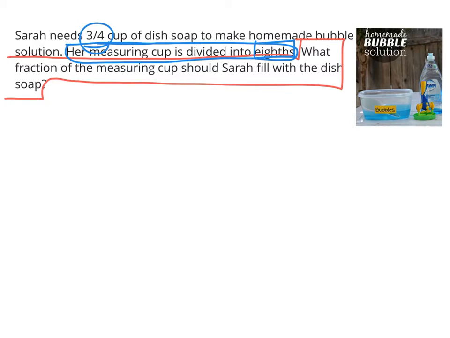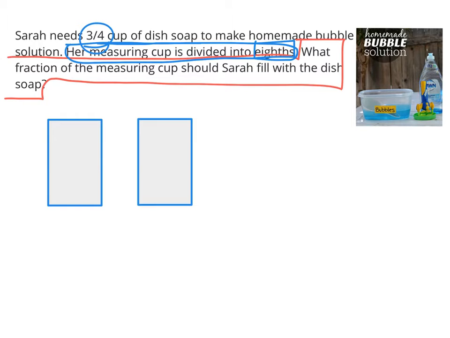So let's use a model. And remember, we're going to be using the same size model. Otherwise, our information will be incorrect. So, first let's start with dividing this into fourths so we know what 3/4 looks like. So let's go ahead and divide this into fourths.